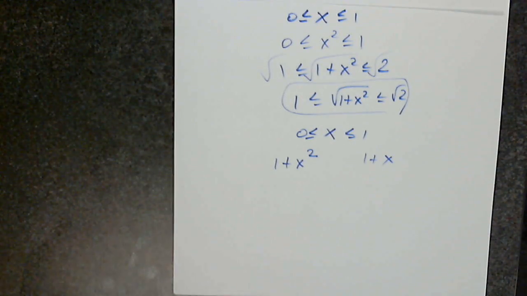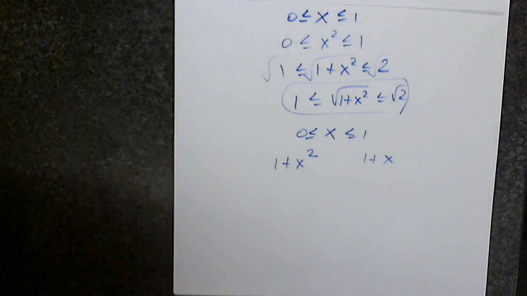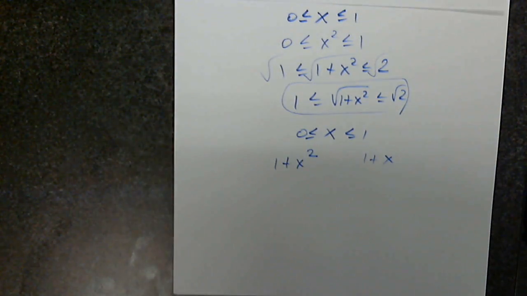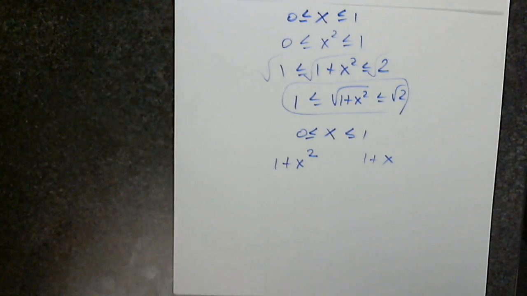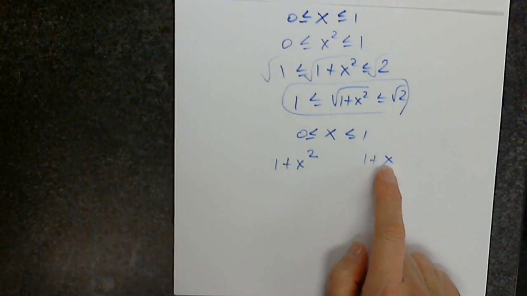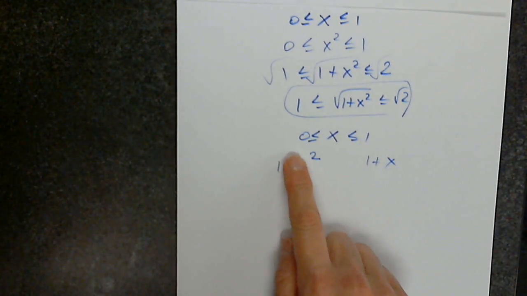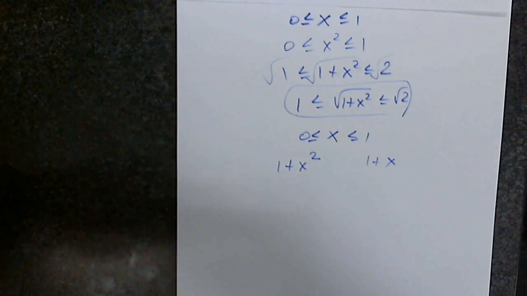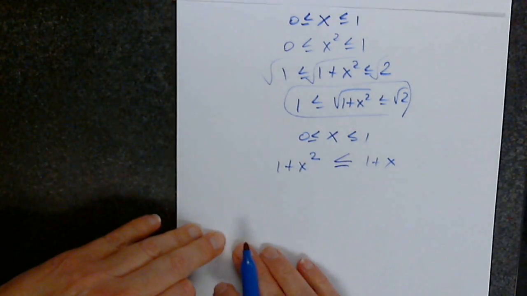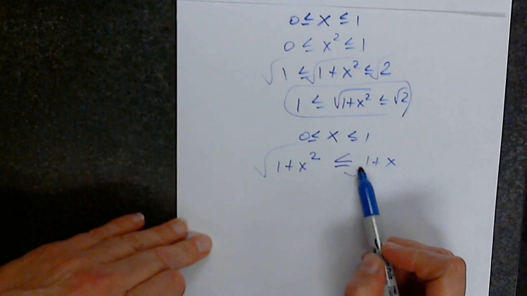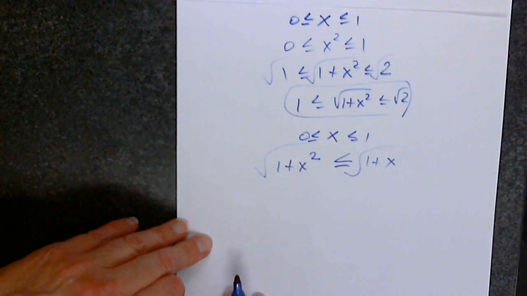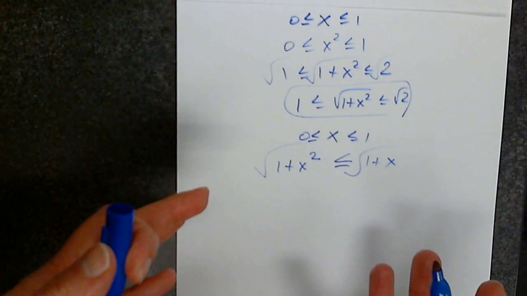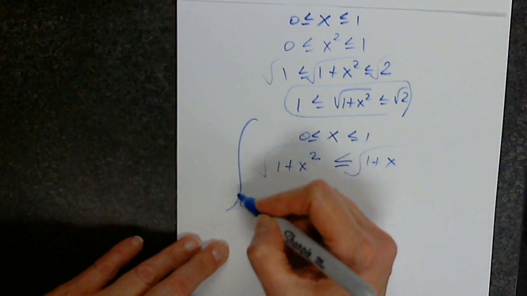Do you agree that 1 plus x, because for a number between 0 and 1, exactly, for a number between 1 and 2 is a different story. But for a number between 0 and 1, this is definitely bigger than this. Would you agree? So then the square root will be bigger than the square root of this. And therefore, once I establish that, then I'm done.